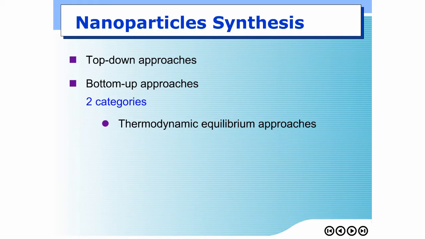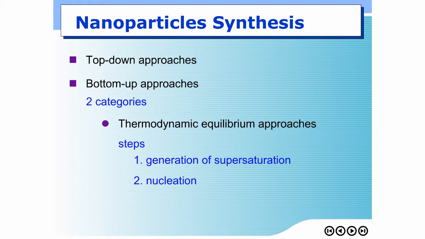In this approach, it consists of 3 steps. First is called generation of supersaturation, then nucleation, and growth. Okay, all of these 3 steps take place consecutively or sometimes at the same time, right? And we will try to control all of these steps.